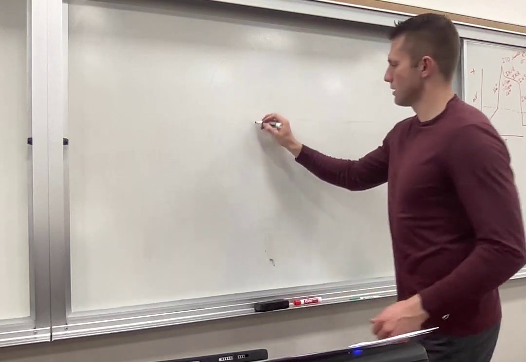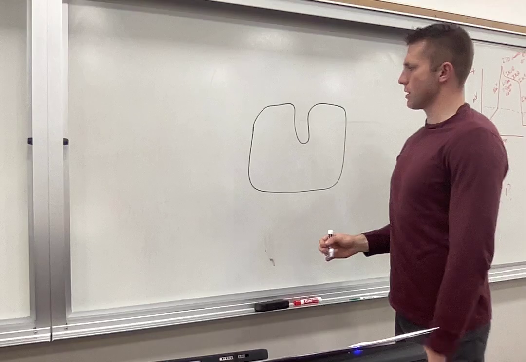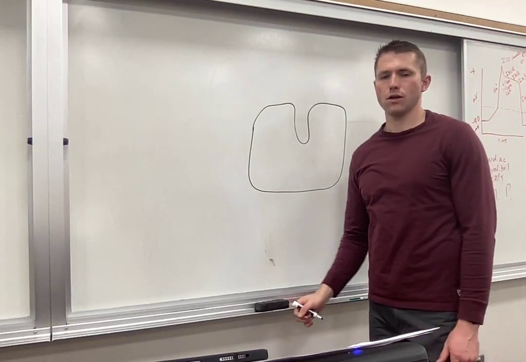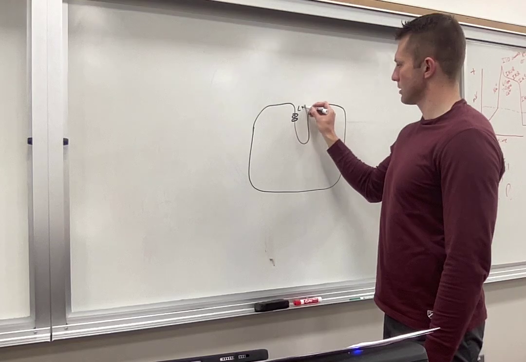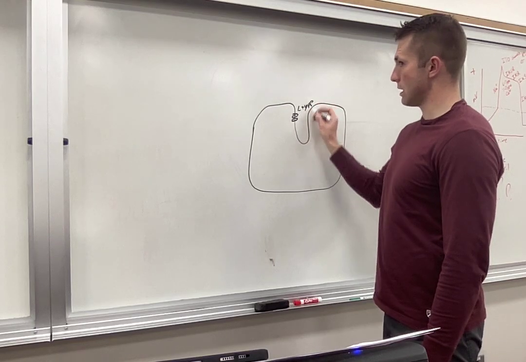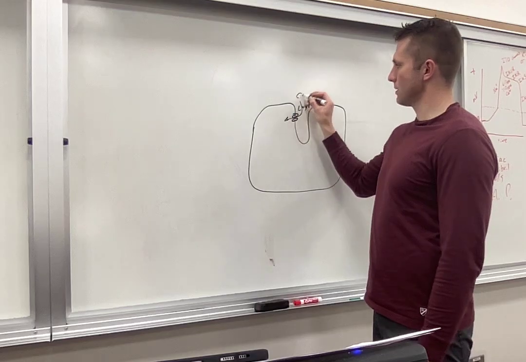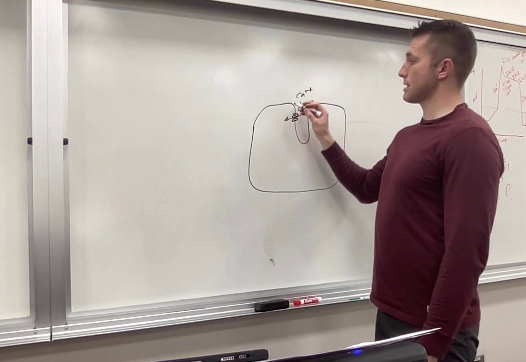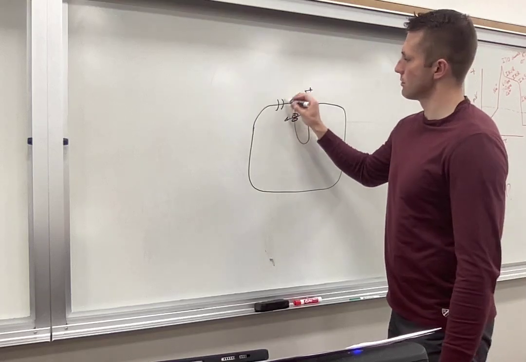So here's our cardiac myocyte. Well, we've got our L-type calcium channels. That lets calcium into the cell when an action potential comes.